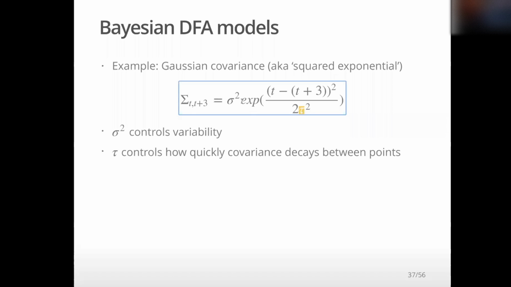The degree of wiggliness is going to be the same for each of the underlying trends. But to make this more flexible, you could have situations where maybe one trend represents some high frequency process that's very variable and wiggly, while another trend represents more of a decadal, really very smooth process. In those situations, you might want two different amounts of wiggliness between those trends.